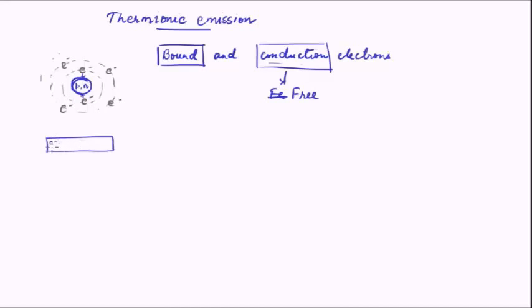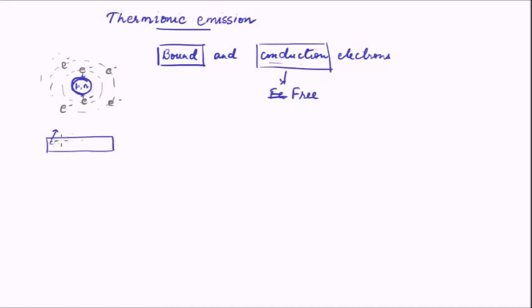But these free electrons are free to move within the body of the metallic conductor. But these free electrons are not free to leave the body, isn't it? Because they are still held with the whole atomic system.